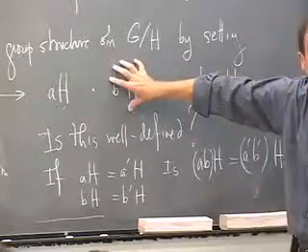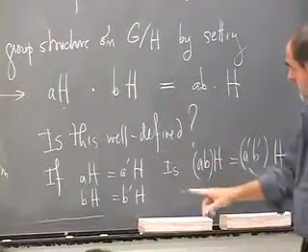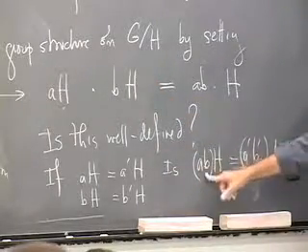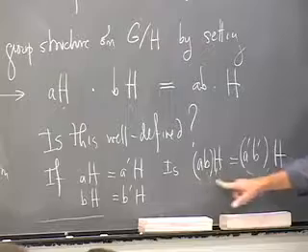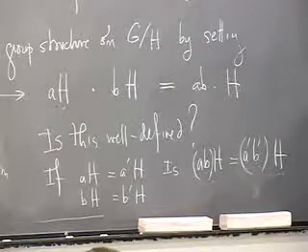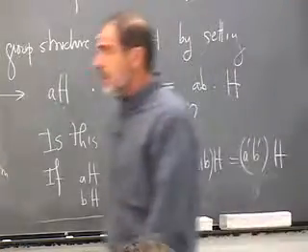I better make sure that A prime B prime is in this coset, in other words, that this coset is equal to that coset.